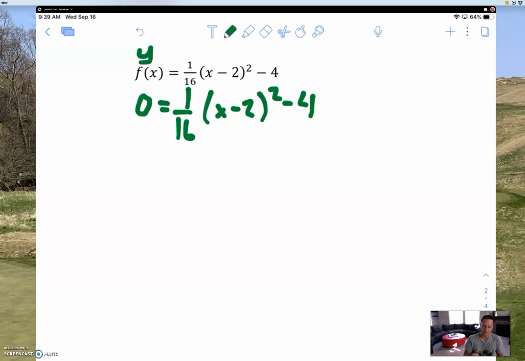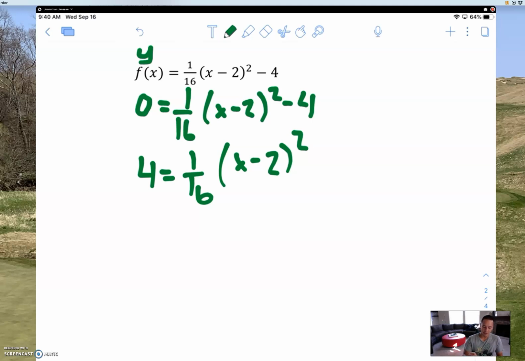To get x by itself, there's a bunch of things that we have to get rid of. And I'm going to get rid of the furthest thing away from the x first. So we start by adding 4 to both sides. So we get 4 equals 1/16 times (x minus 2) squared. So I got rid of that minus 4. The next thing that I have to get rid of is that 1/16.